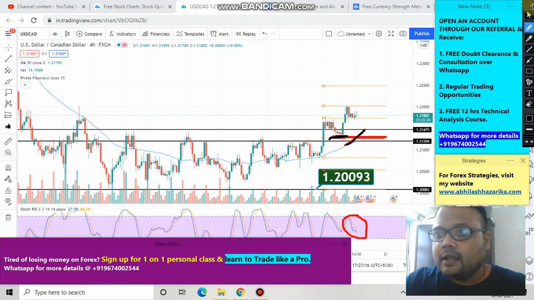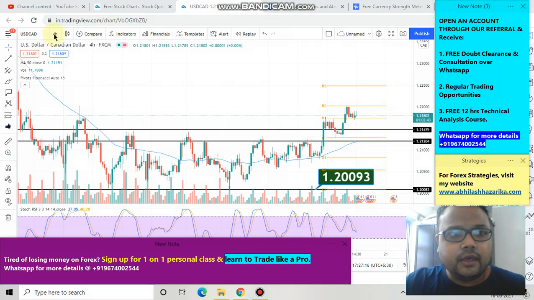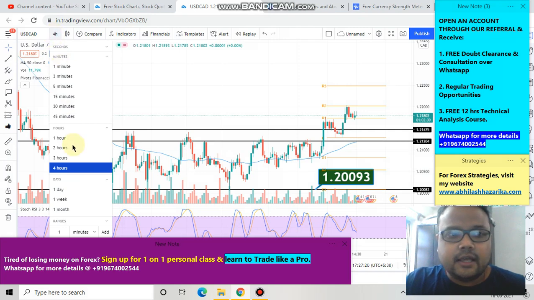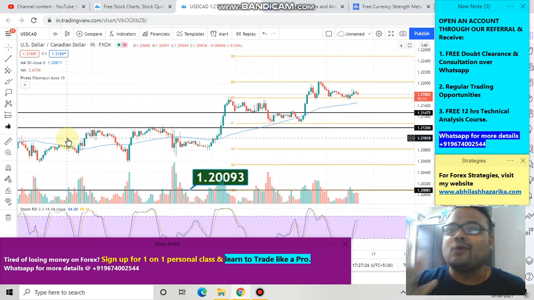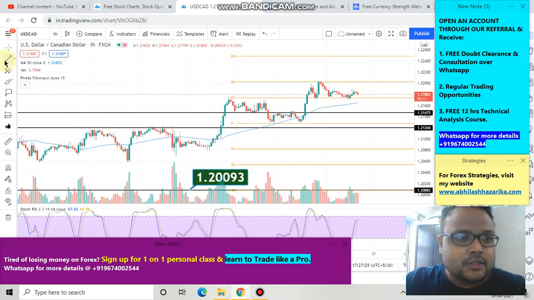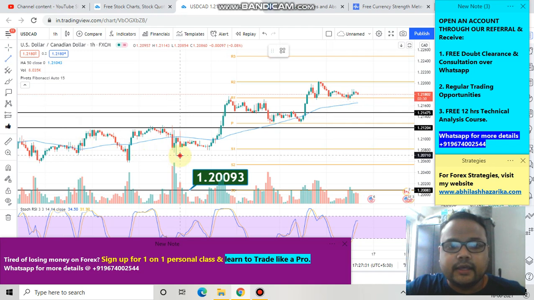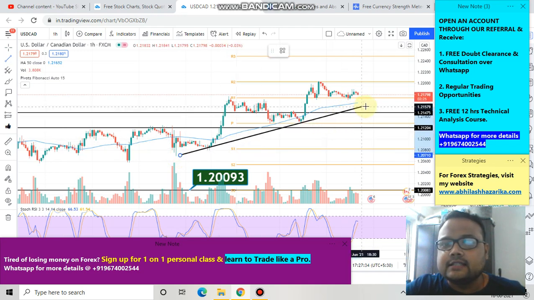But the 1 hour chart, if we switch to the 1 hour chart, generally I do not talk much about the 1 hour chart, but yes, sometimes good opportunities are also available in the 1 hour chart as well. So if we switch to the 1 hour chart, then we can see that it is kind of following a trend line as a support.